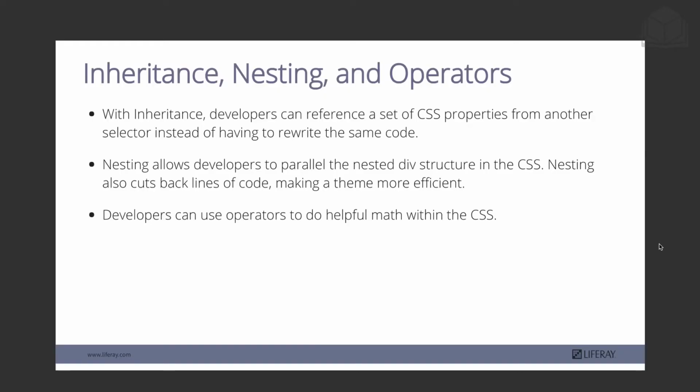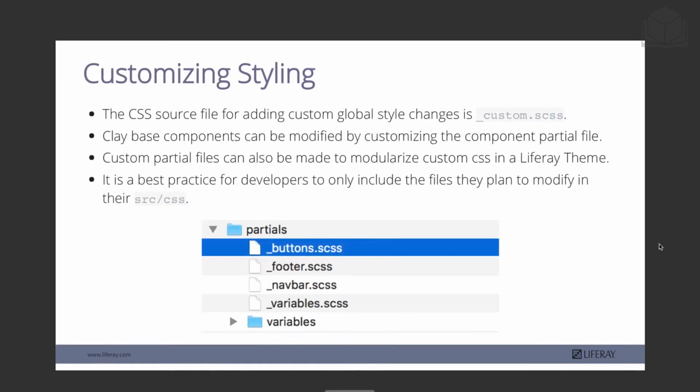So there are other things here as well, like inheritance, nesting, and operators. Like I've mentioned, we can see some of these throughout our CSS as we continue on with creating or adding our styling. All right, so as we mentioned, the custom SCSS partial is going to be our main CSS source file.